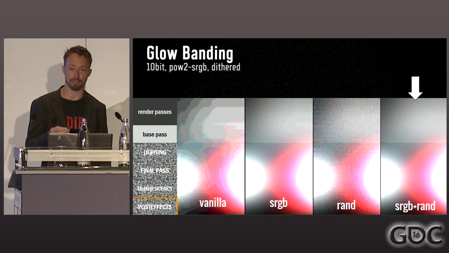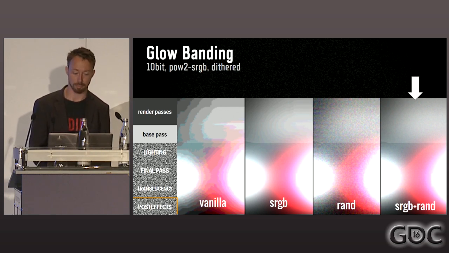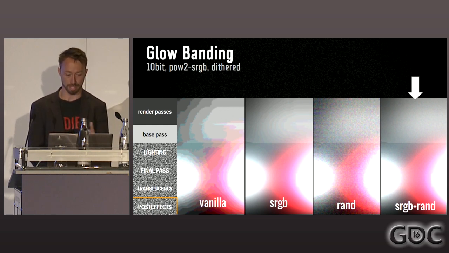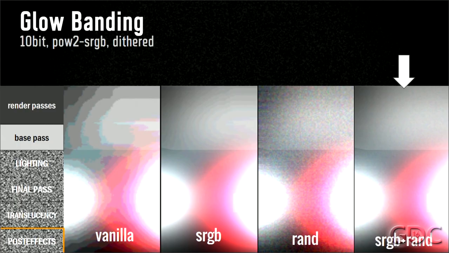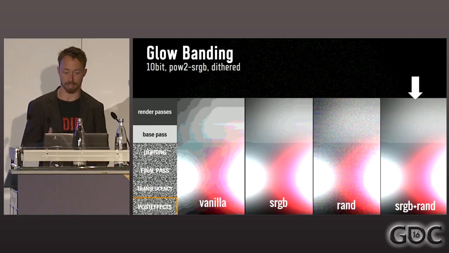You tend to read and write from 8-bit render targets quite a lot in the post-effects pass because bandwidth tends to be a limiting factor there as well. As an example, for our wide glow pass, we ended up using a 10-bit render target, power of 2 compressing it and dithering, to get something that was entirely banding free and at the same time didn't have too much noise.